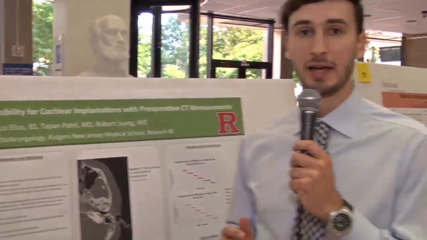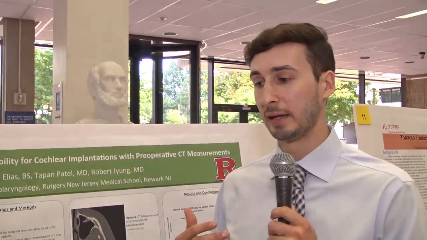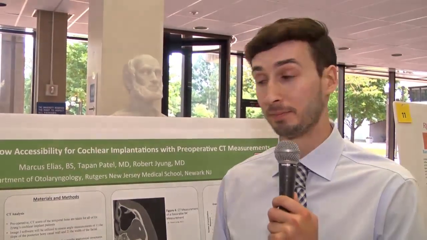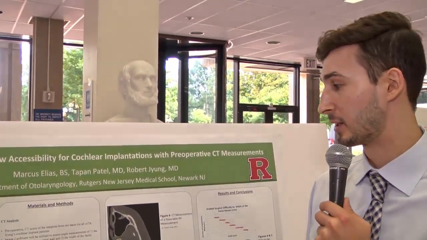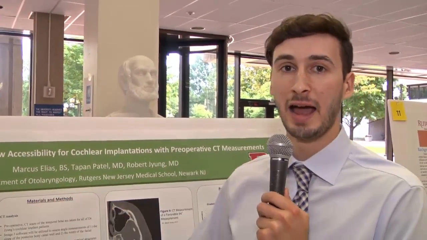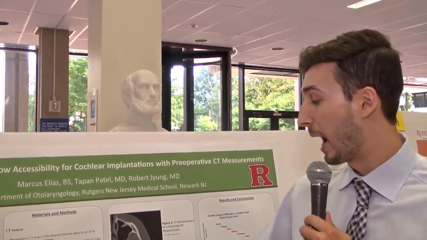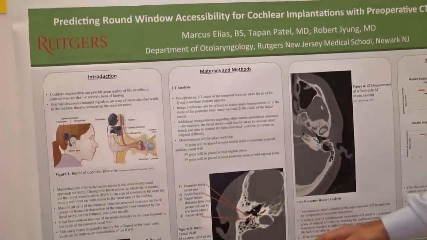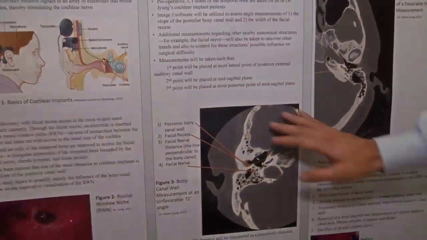So we hypothesized that a certain angle in the bony ear canal would correlate with an easier or more difficult surgery for cochlear implants. For CT analysis, we would take preoperative CT images and analyze them using ImageJ. Here's an example of a CT image.